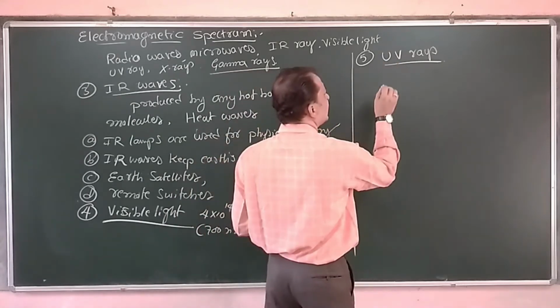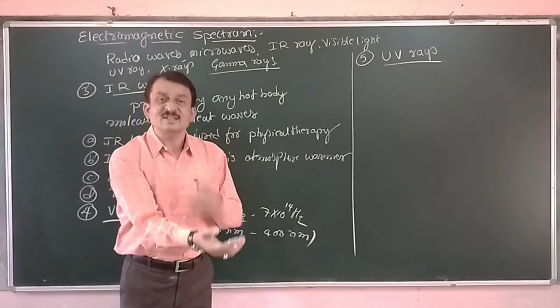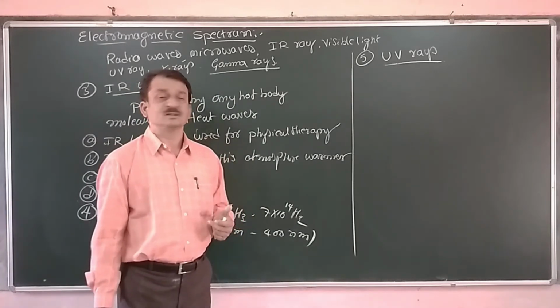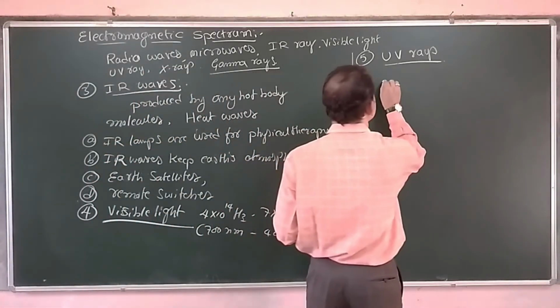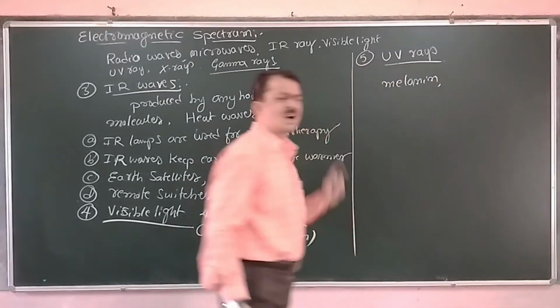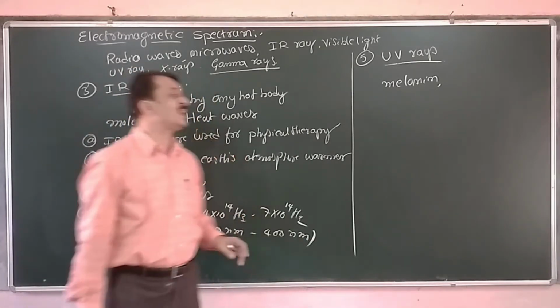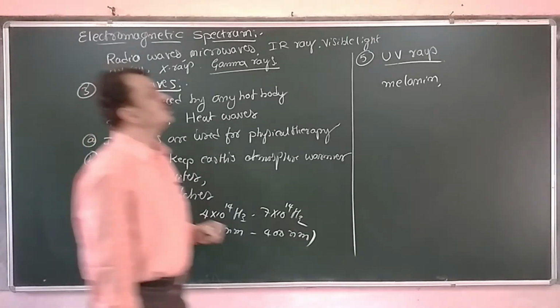Now when this ultraviolet radiation falls on the skin, it increases the melanin, which causes tanning of skin.